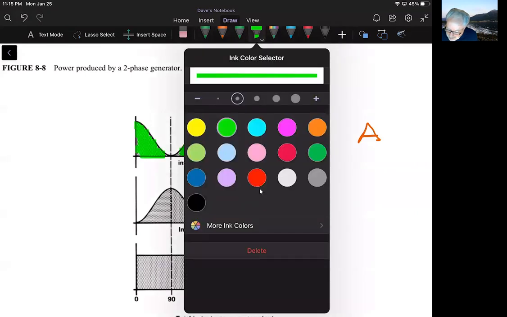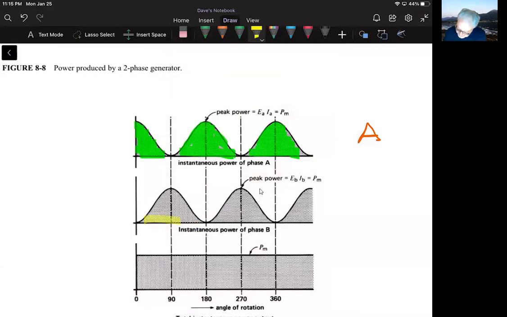So let's do a little contrast with these. I'm going to shade these in. Hopefully it's illustrative to you, but I have to admit it's also kind of just fun. Here's the power output from phase B. We'll mark this one as B, or we could call this 1 and this 2.